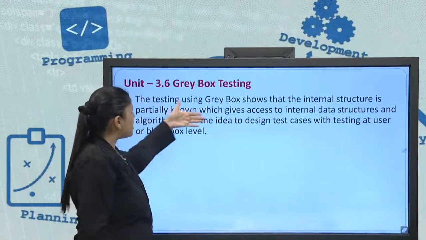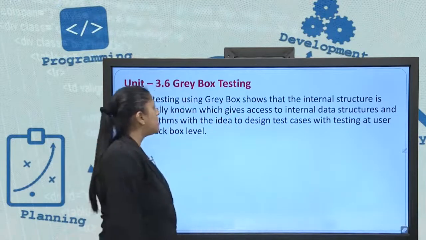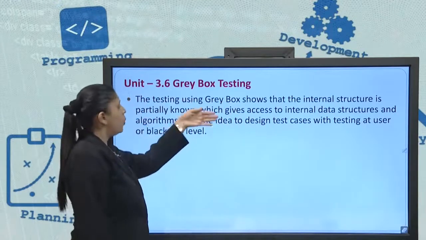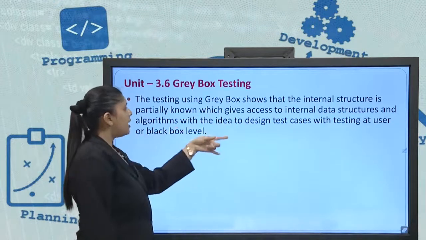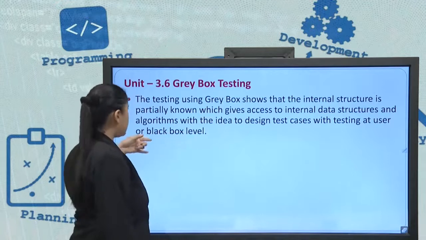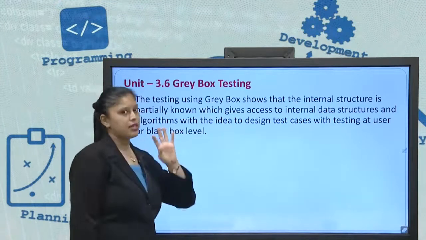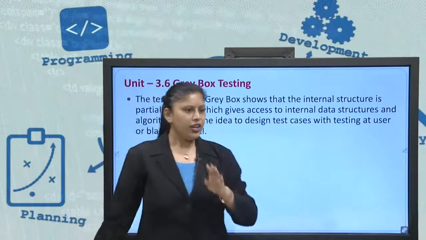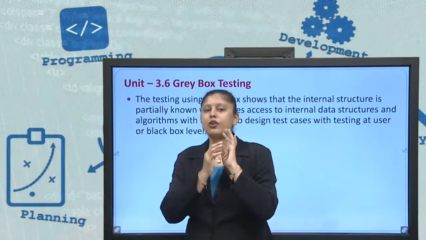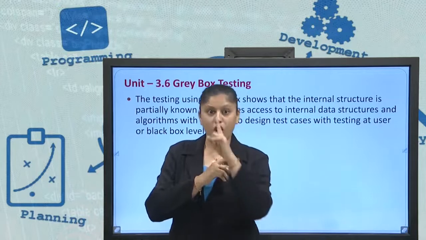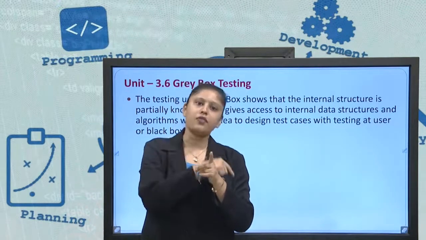The testing using Greybox shows that the internal structure is partially known, which gives access to internal data structures and algorithms with the idea to design test cases with testing at user or black box level. It says that when you undergo Greybox, only a few portions of your internal structure will be known to you, not the entire thing like in white box.